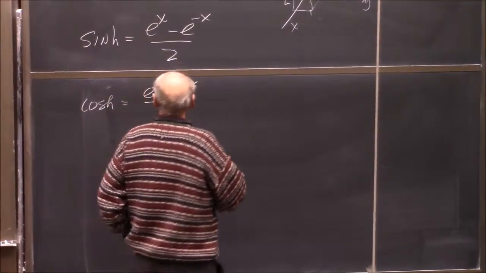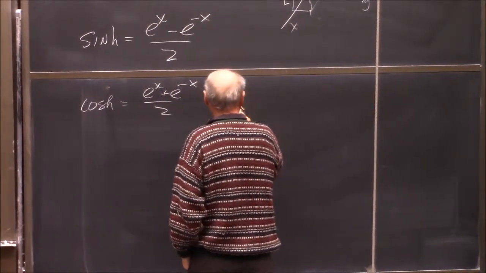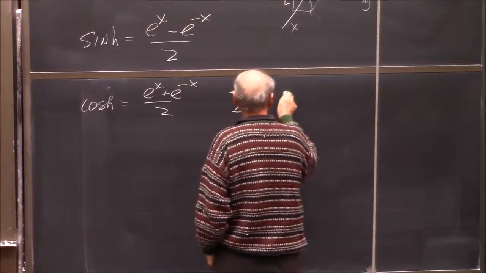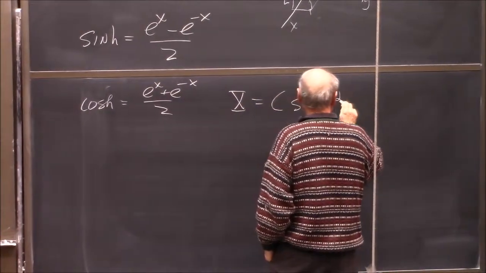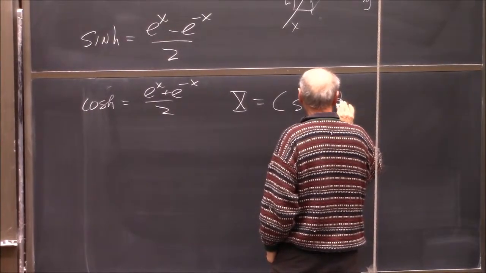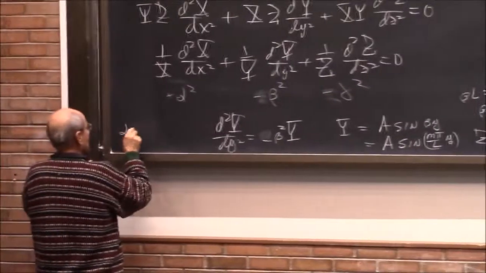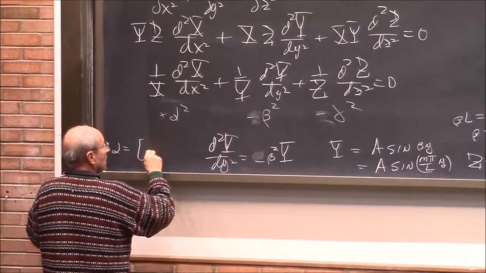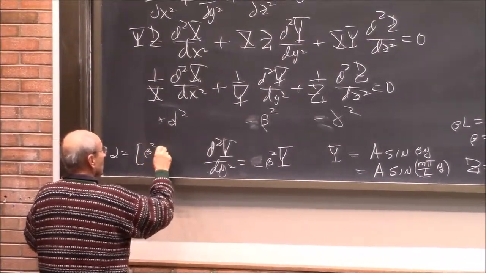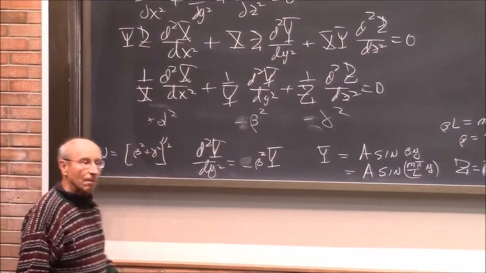And so if I do it in terms of this, it'll be easy to satisfy the boundary condition. And so what we'd said is that the solution for x must look like some constant times the sinh of alpha x. But alpha, from this, we had alpha was equal to the square root of beta squared plus gamma squared.